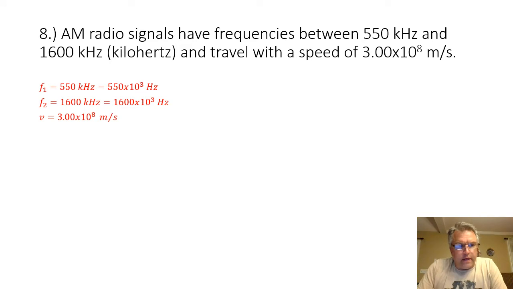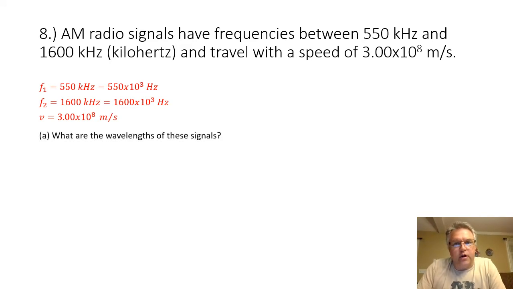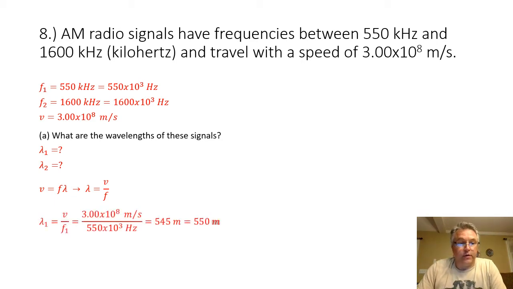All right, the first part of this problem wants us to find the wavelengths for each of the frequencies we're given. So we want to find the wavelength of the 550 kilohertz frequency and the wavelength of the 1600 kilohertz frequency. For both of these, we are going to use our wave speed formula, solving for wavelength. So lambda is going to equal the velocity divided by the frequency.